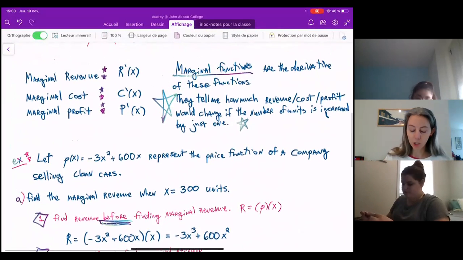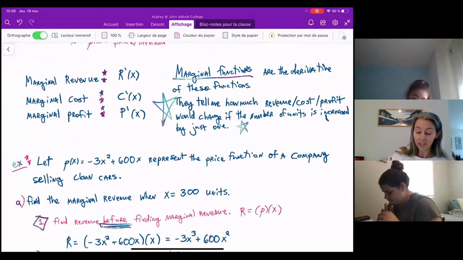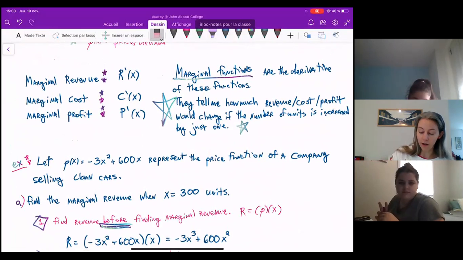That's going back up to the star we had right here. The marginal function tells me, in this case for revenue, how much revenue would change if the number of units is increased by just 1.